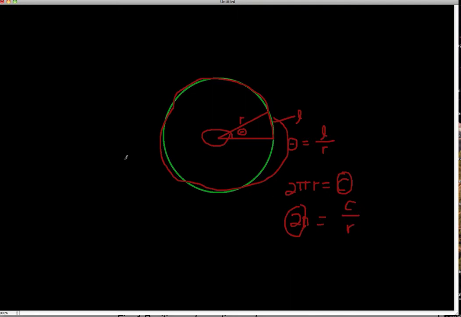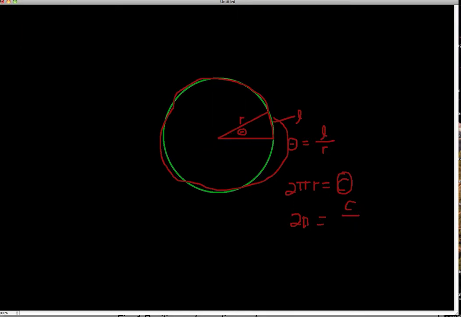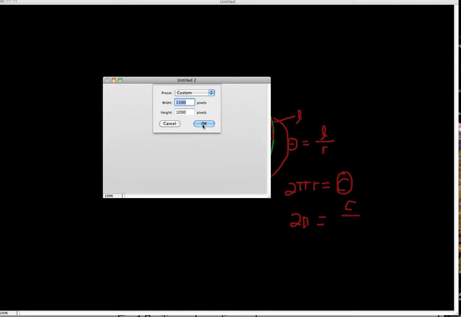And let me say this again and go back to our circle. If we have a circle, and we look at the arc length subtended by the angle that goes all the way around the circle, that arc length is the circumference of the circle.